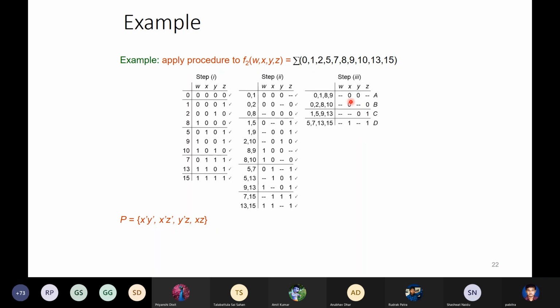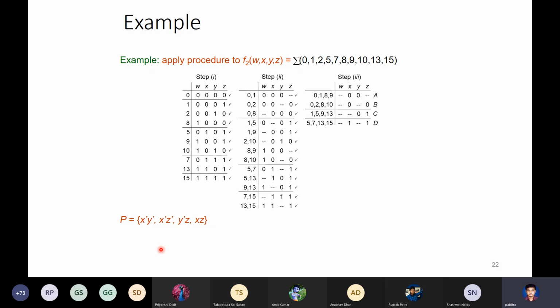Each of these entries which are not check marked yet, I'll call them prime implicants, and I'll write down the logic expression for them. So I have 4 prime implicants. Let's name them A, B, C, and D. What is A?